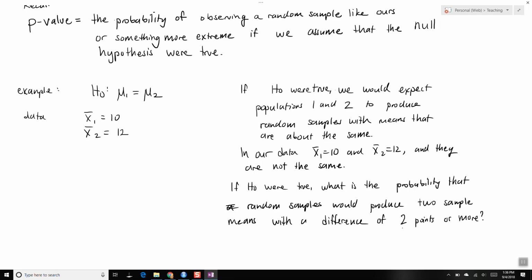What is the difference between these two samples? Here's another sample, what's the difference between these two? And these are all the different sample differences that I got. Now I can ask, what's the probability that they get 2 points or more? We can just see, out of the million samples, how many had differences of 2 or more? And that will be an estimate of that probability.